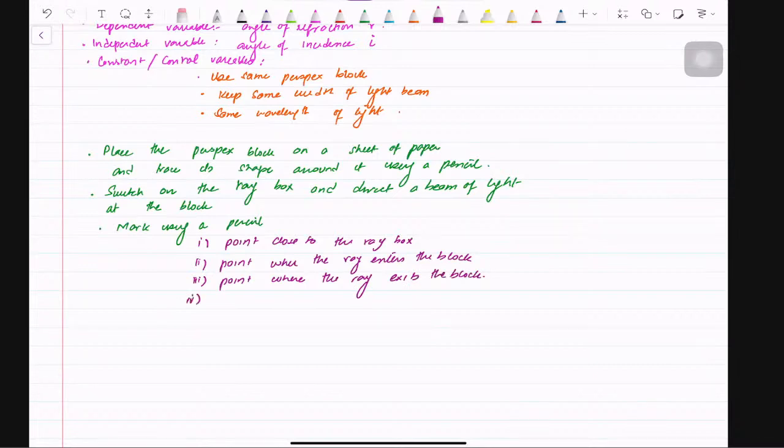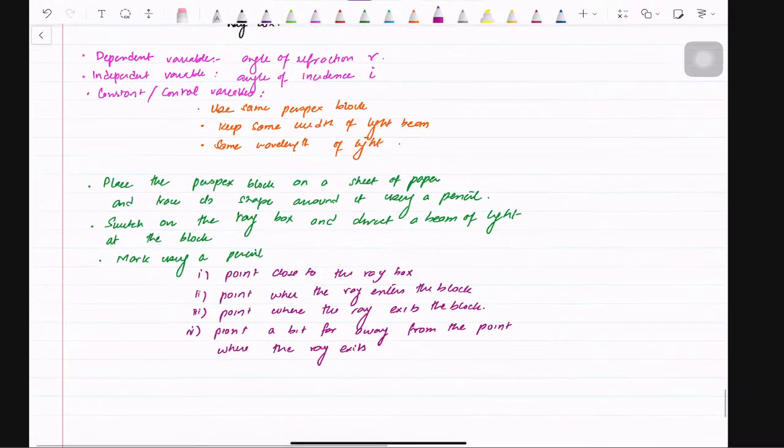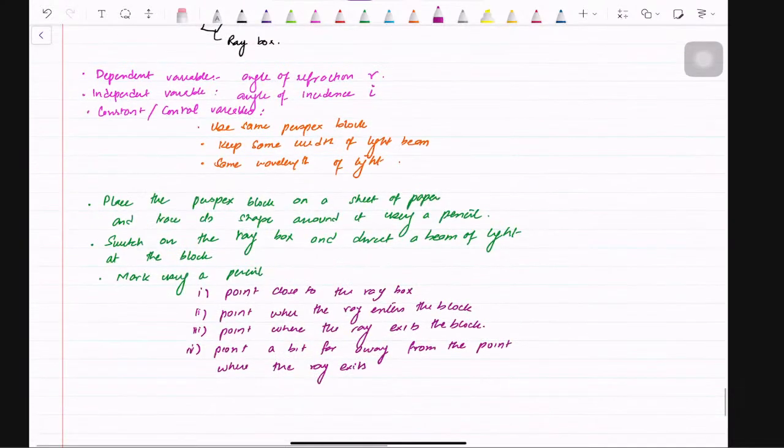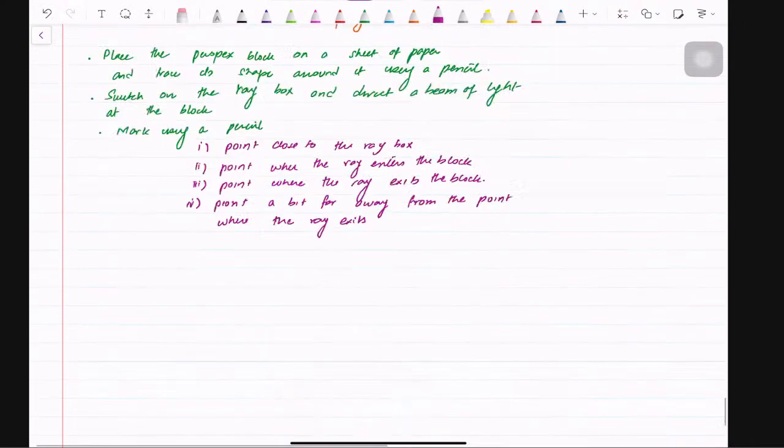And fourth, a point a bit far away from the point where the ray exits. Okay. Where it's coming out, point really close and then a bit far. So you're marking the path of this.